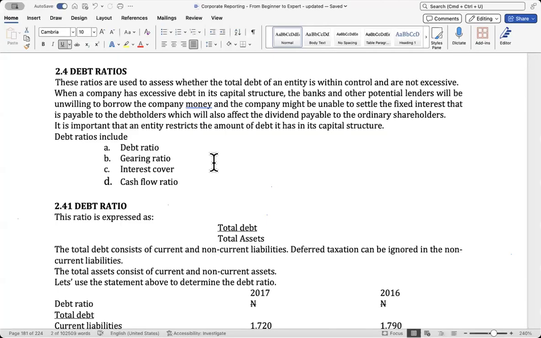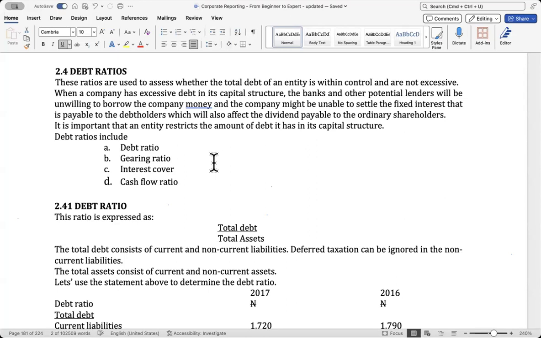Why are we looking at it that way? Because this ratio will help you establish how much debt you have in your capital structure. That's what this ratio would let you see.